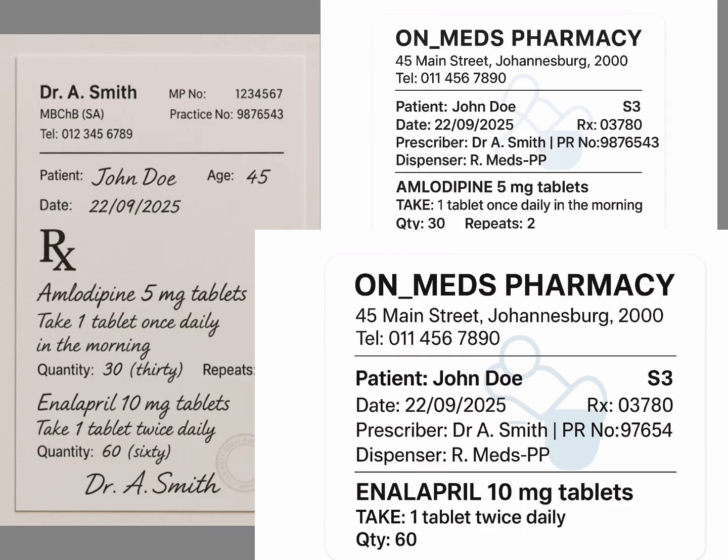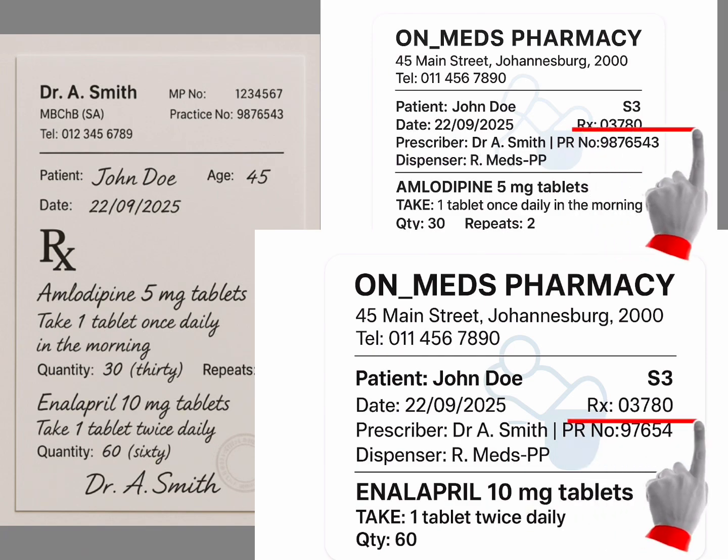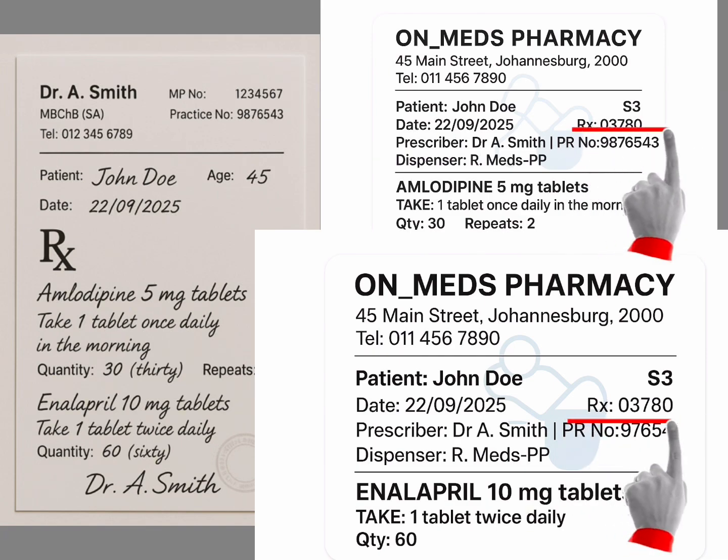If it was a different schedule, then that schedule would be written on top. And the RX number is the same as the previous one, because these 2 items are on the same script. So you'll notice that if the items are on the same script, the RX number will be the same, because they are claimed on the same script.